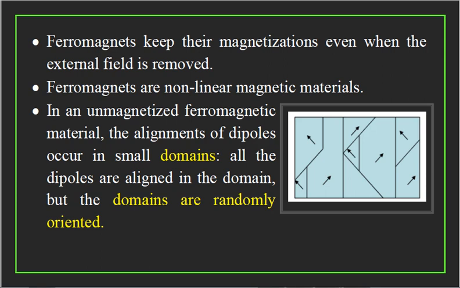Now, what is the case in an unmagnetized ferromagnetic material? There are basically 3 ferromagnetic materials in elemental form. They are iron, cobalt, and nickel. If we take an iron bar, we cannot see any magnetism in that iron bar, although it is ferromagnetic.